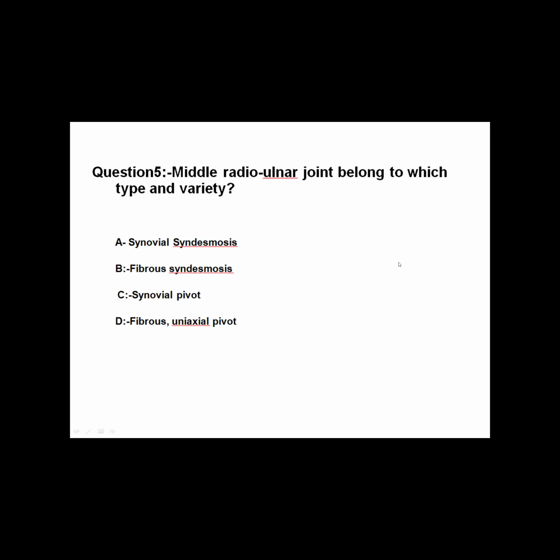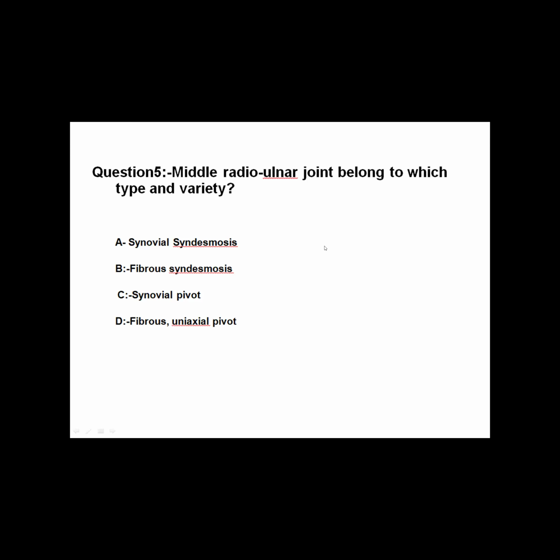There is a connection between them, but there is no such exact joint present, okay? But what is the function of this joint? Coordination is possible because of this radio-ulnar joint, right?